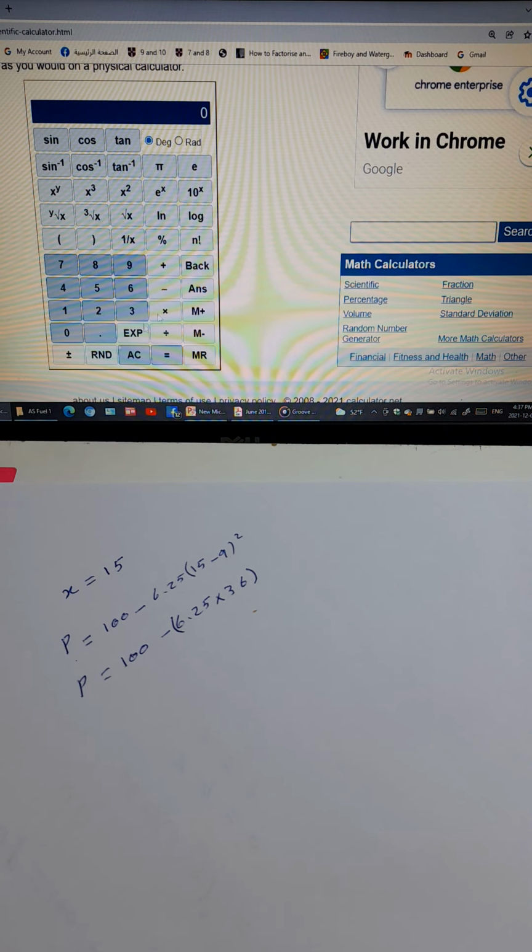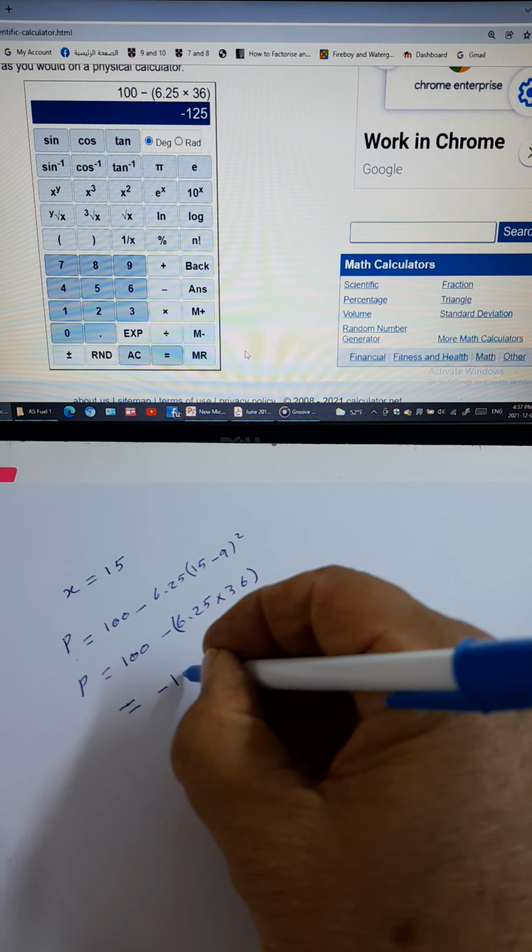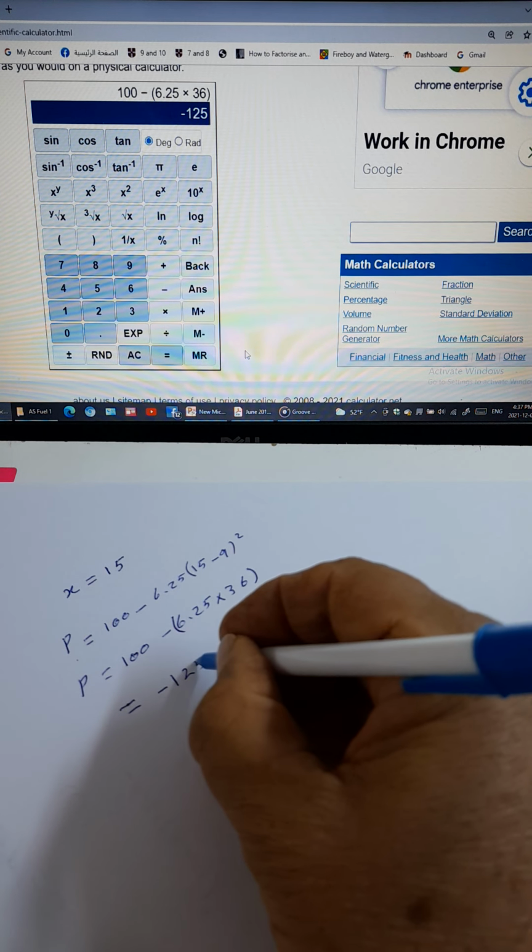Now, using the calculator, 100 minus 6.25 times 36 equals negative 125.